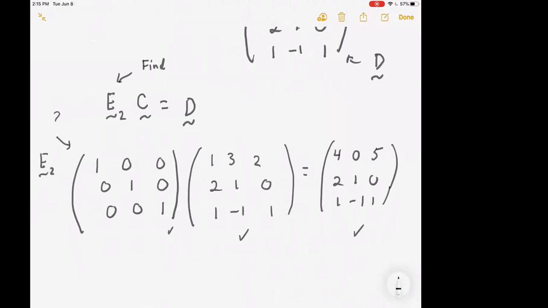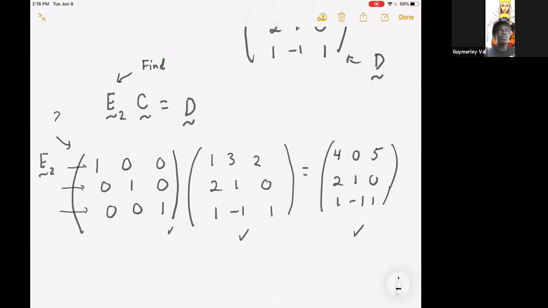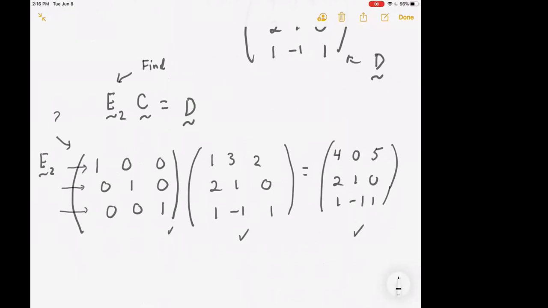So that might suggest the following, that the way you fiddle with E sub 2 is that you take a copy of row 3, multiply it by 3, and then add that to row 1.